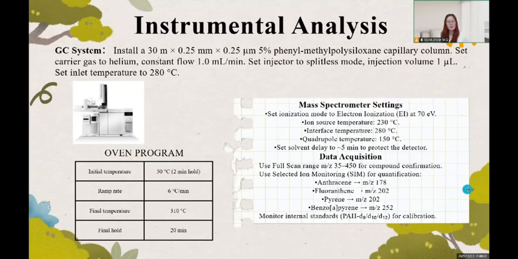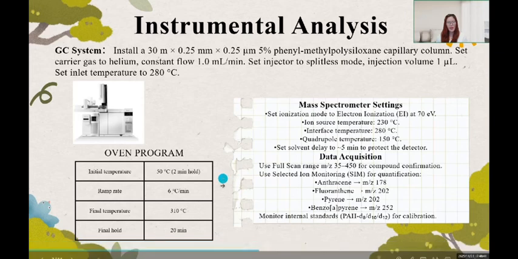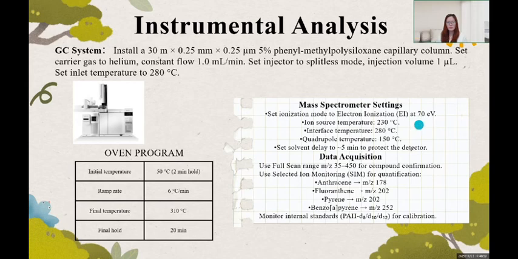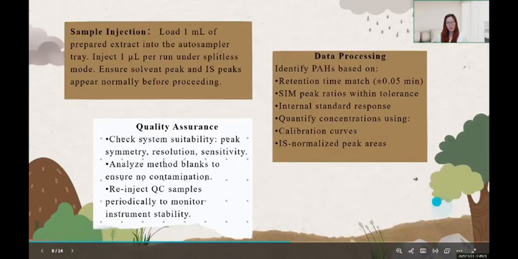For instrumental analysis, we chose a suitable GC system, and the oven was programmed from 50 degrees to 310 degrees at 6 degrees per minute and held for 20 minutes. The mass spectrometry was performed in EI mode with SIM ions, with the temperature and mass settings, and the mass trace ratios.